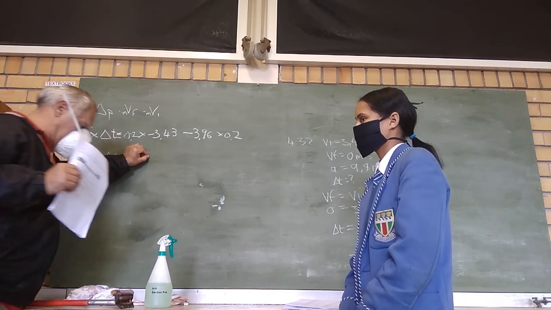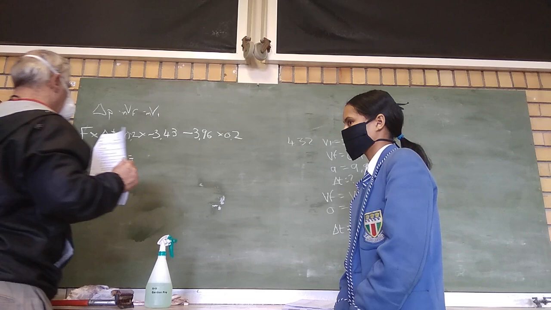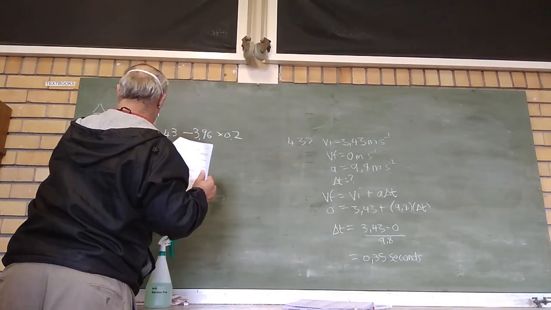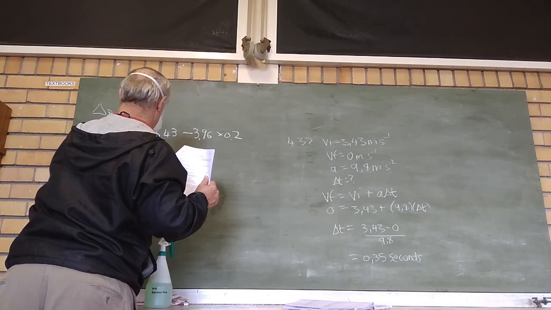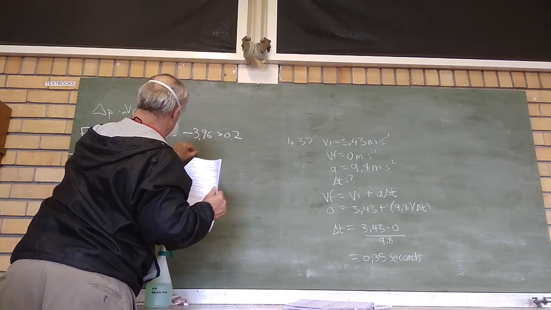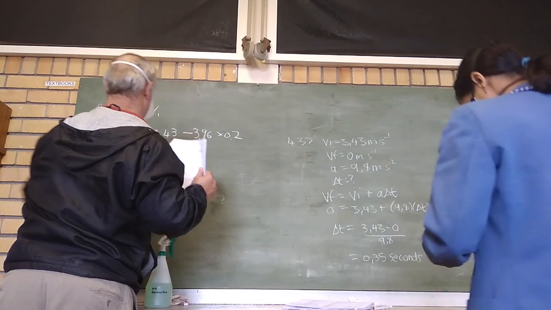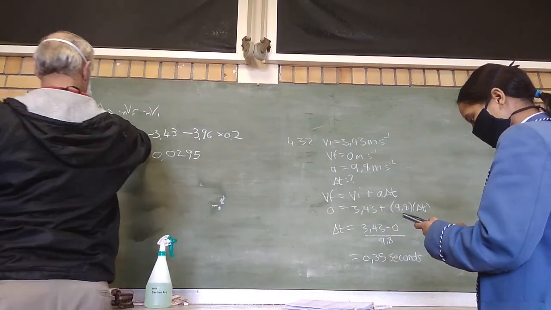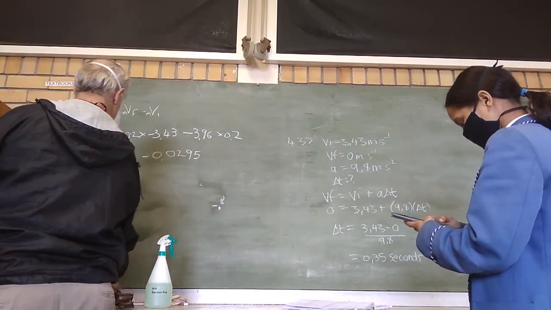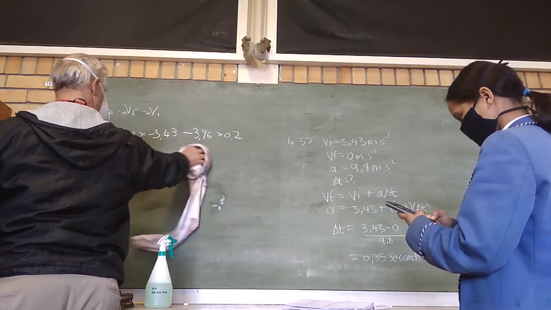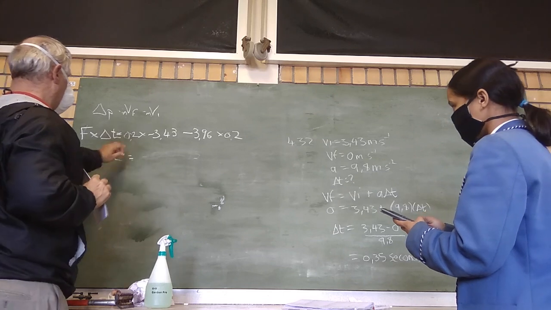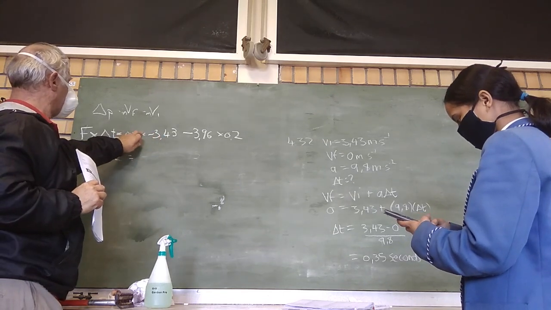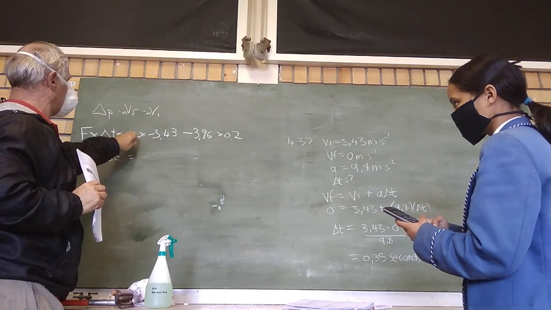So it comes to minus 0.29. No, sir, I did it with taking the force over at the same time. Okay, but what did this on the right come to? This is 0.2 times minus 3.3. It's minus 1.478.